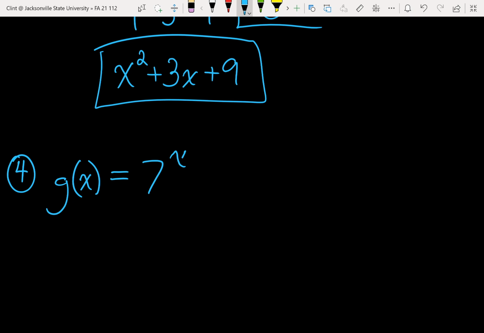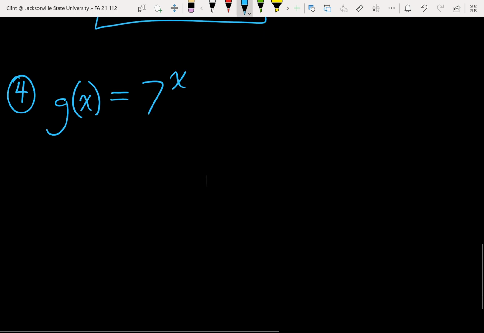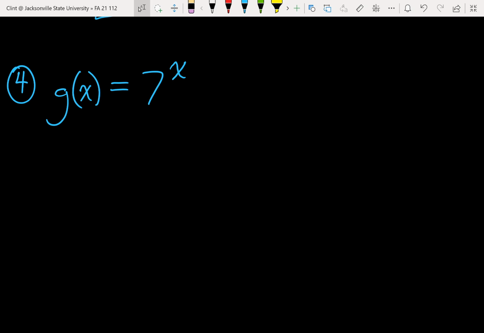Mine at least does 7 to the x power. It's exponential. And then the first thing it asks for is it gives us a bunch of x values and asks us for the y values. I'm not as interested in giving you a whole bunch of those to do. The main thing I want you to be able to find is to be able to pick out a graph.